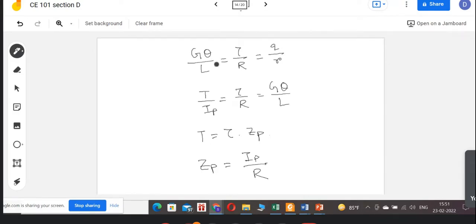So we know all the terms here, right? G is the rigidity modulus. Theta is the angular movement in radians. L is the shaft length.